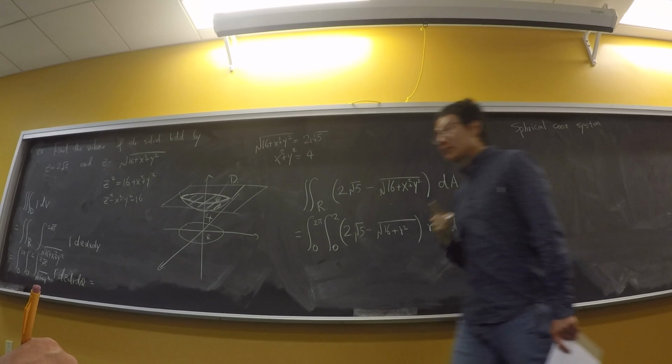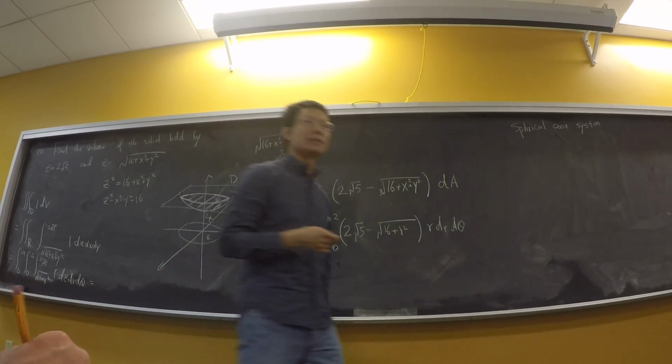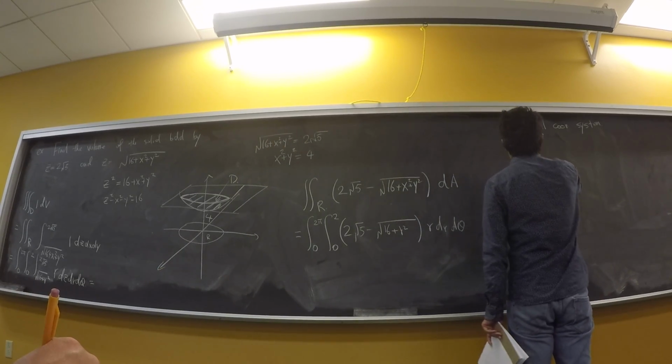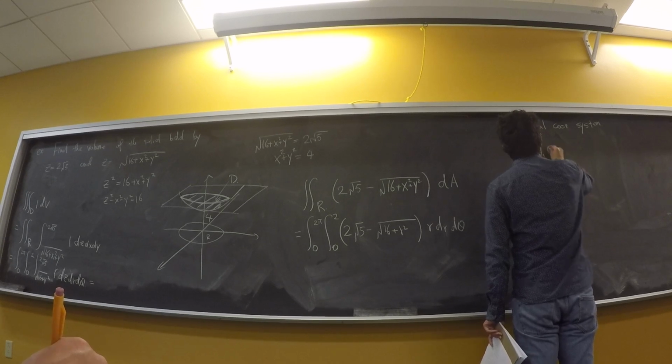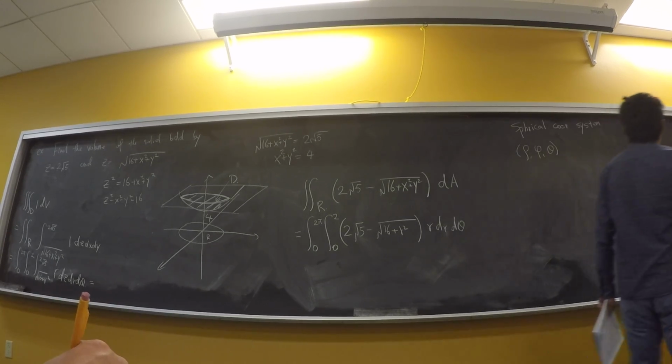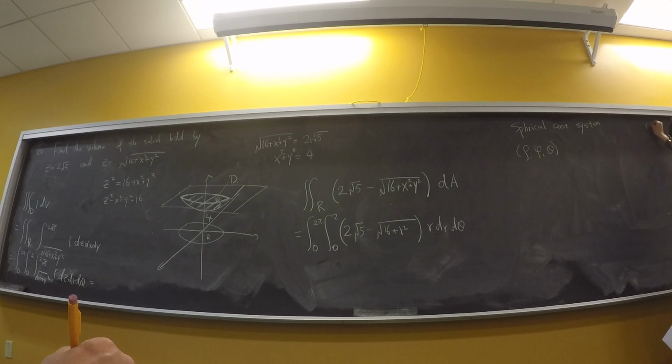The spherical coordinate system uses 3 variables as well: rho, phi, and theta. Usually, we want to go back to the rectangular system, which is x, y, and z, and connect these two. I didn't even give the formula to connect the cylindrical coordinate system and the rectangular coordinate system, for the same reason.